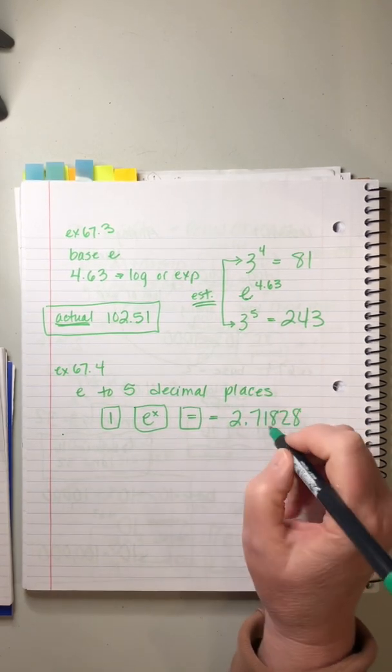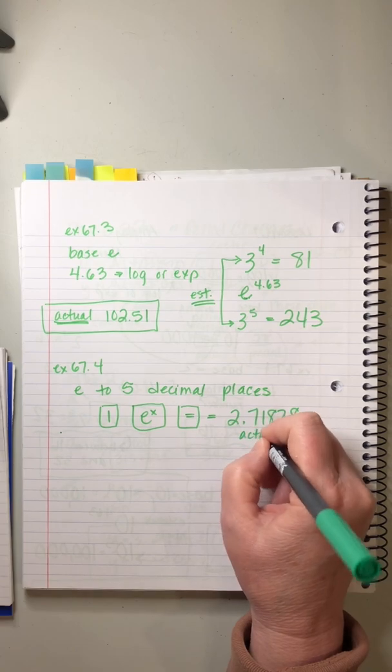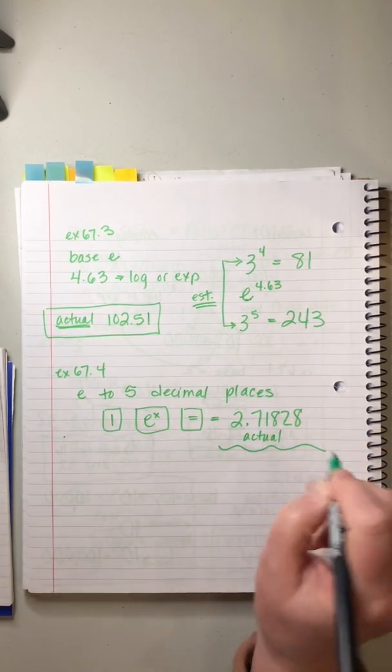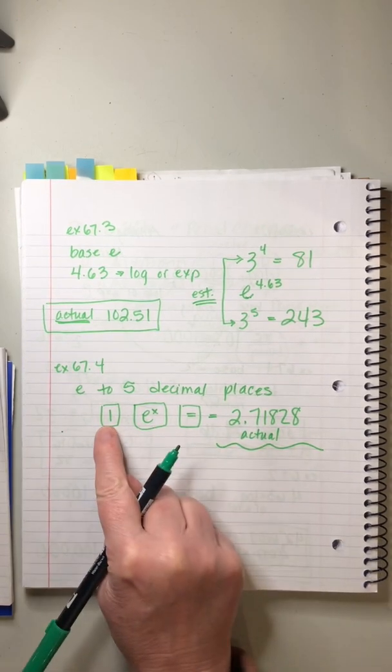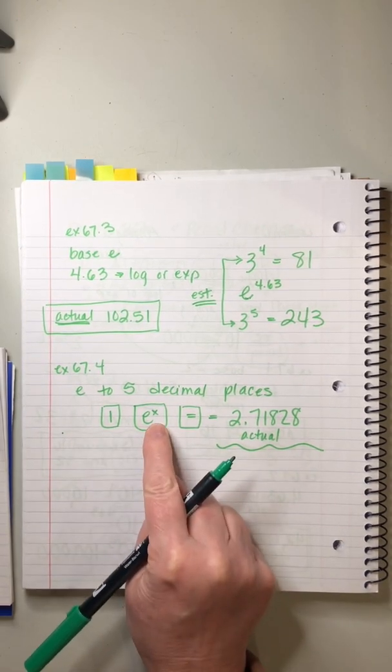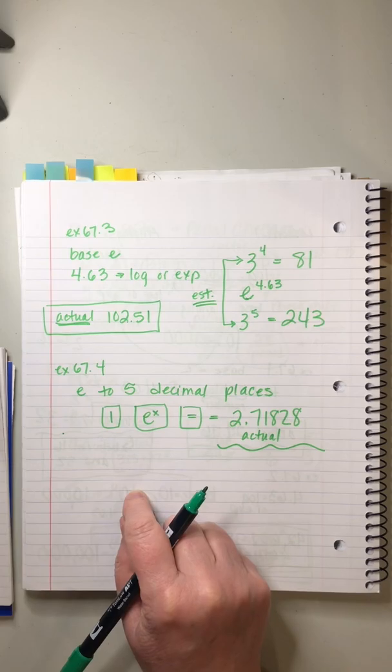And this one you don't have to estimate. This is the actual. So if you ever need to know the value of E, just enter 1 as the exponent and use that key, and you'll get the number.